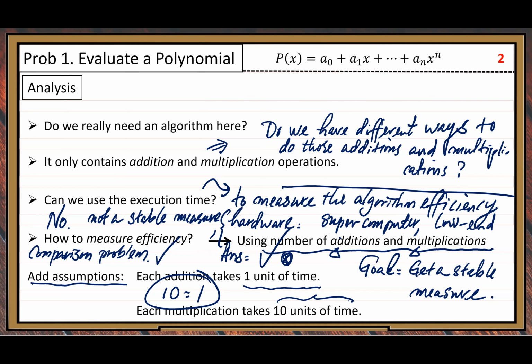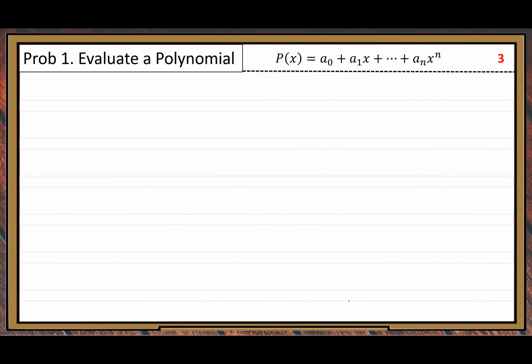Then, when we look at the total number of time units, we can unify additions and multiplications under the time units umbrella, right? That is our goal. That is the reason we take this reasonable assumption. Any question, just let me know. Let me continue.